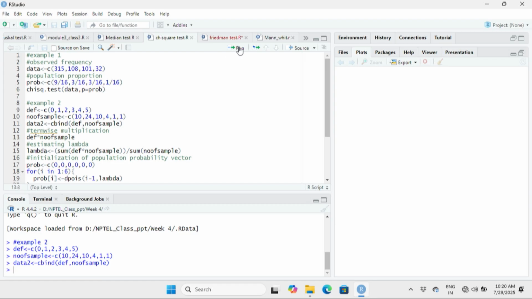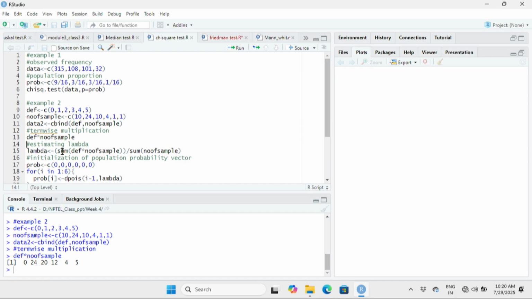So this is now estimating lambda. Lambda is nothing but the sample mean. So lambda is equal to the sum of the term-wise multiplication, defectives times number of samples, divided by the sum of number of samples. Number of samples is 50.